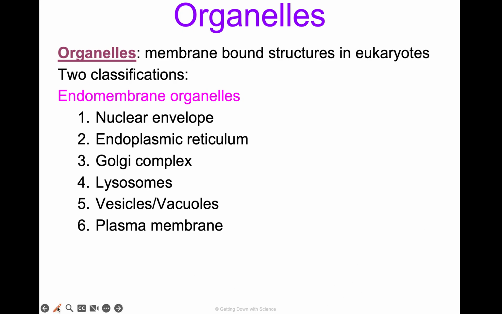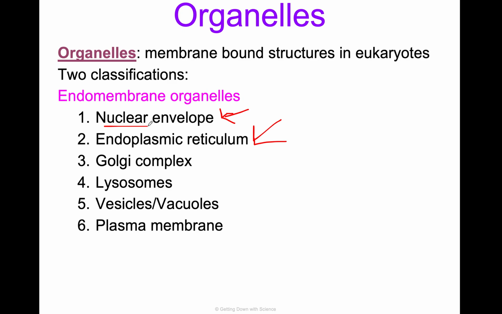I probably should have gone over each one of these to begin with. So the nuclear envelope is what we consider to be like the nucleus, right? When we look at it under a microscope, it's essentially the structure that surrounds our DNA. Endoplasmic reticulum is found right outside the nucleus, or the nuclear envelope, I should say.